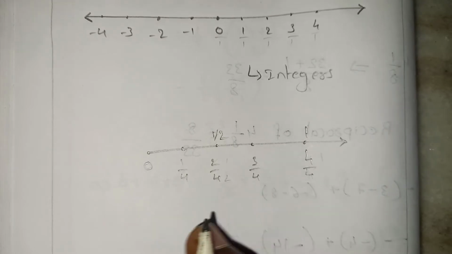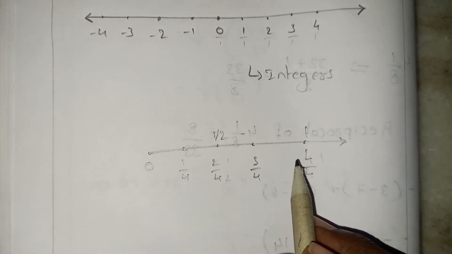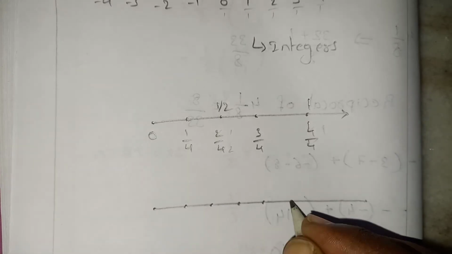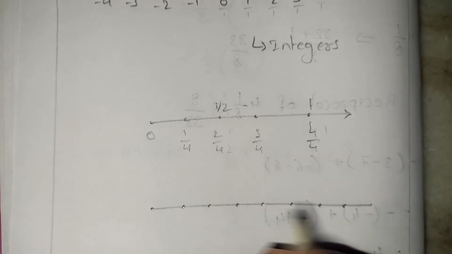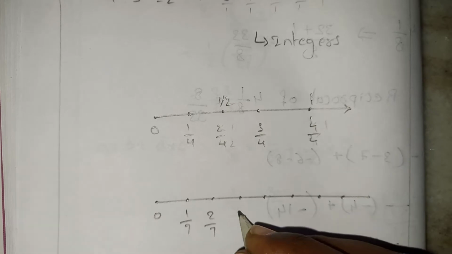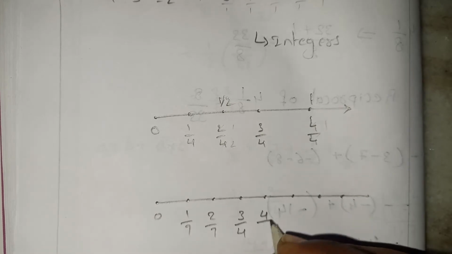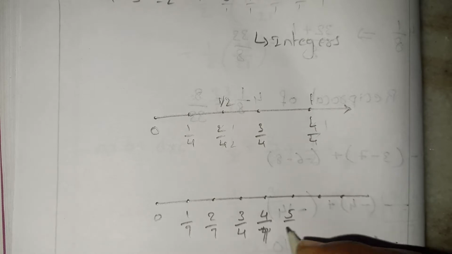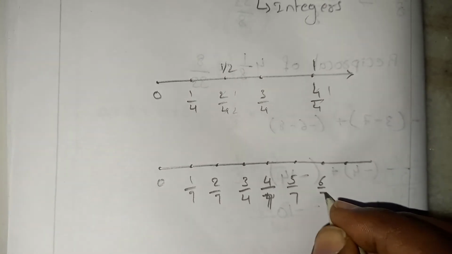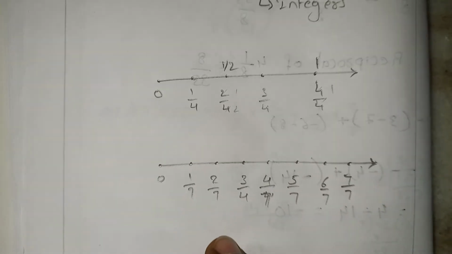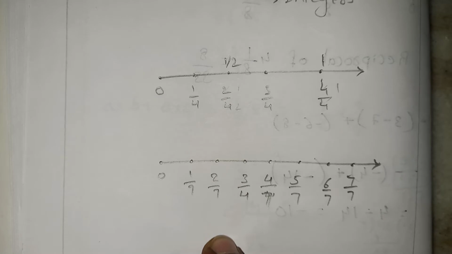I just divided 1 into 4 parts. If I divide 1 into 7 parts, 1, 2, 3, 4, 5, 6, 7, how do you have to write? 1 by 7, 2 by 7, 3 by 7, 4 by 7, 5 by 7, 6 by 7, and 7 by 7. 7 by 7 means 1, and I divided 1 into 7 parts.